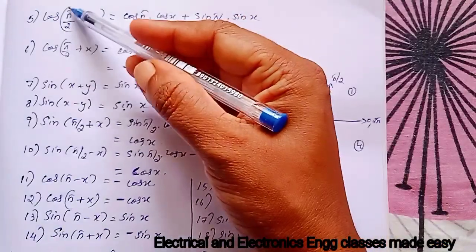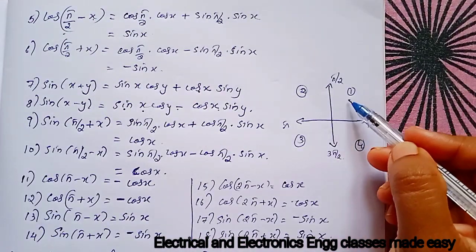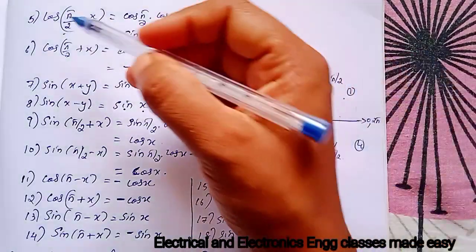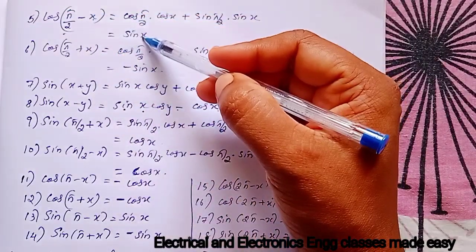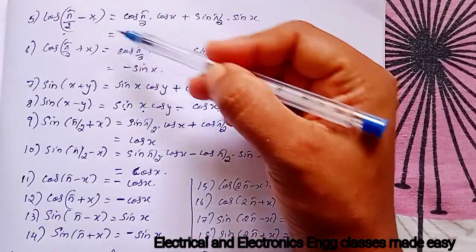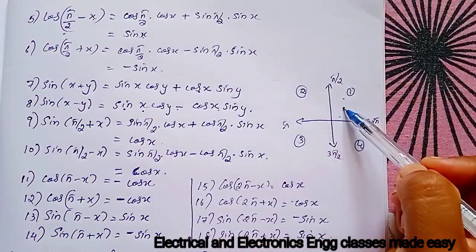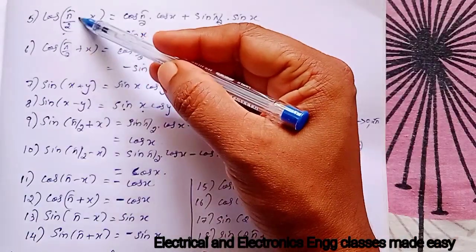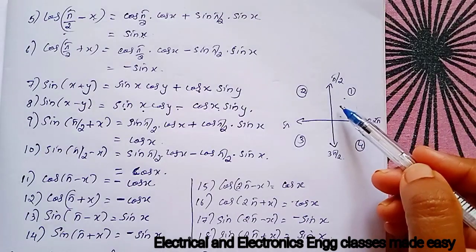Cos is positive in this region, and since it is π/2, we have to take the opposite function. If this is cos, then sine. So cos(π/2 − x) is equal to sin x.